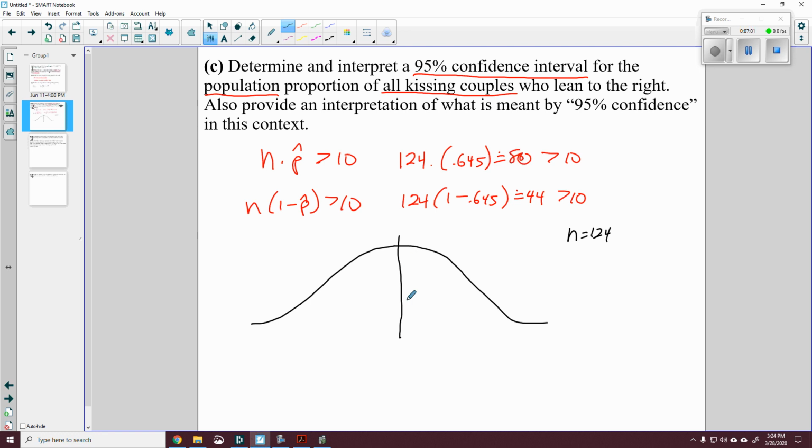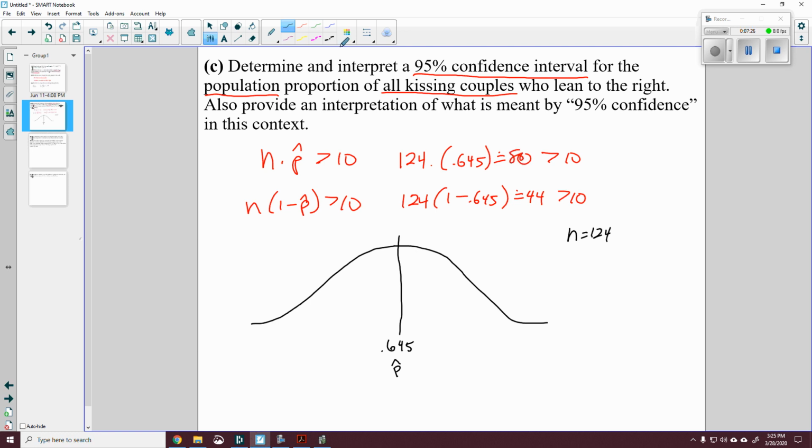I am looking at my particular sample of 0.645 as being right there in the middle. That right there is my p hat. That is the proportion that I got from my one sample of 124 kissing couples.